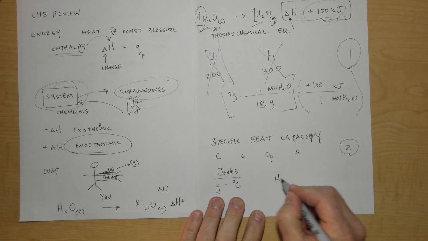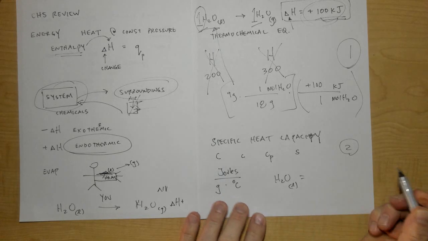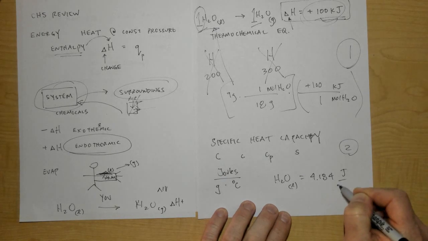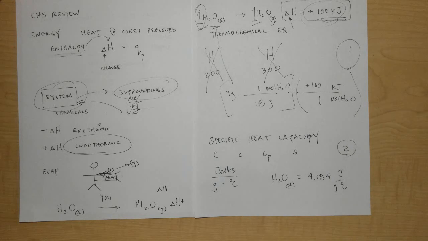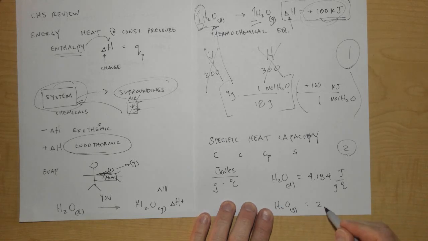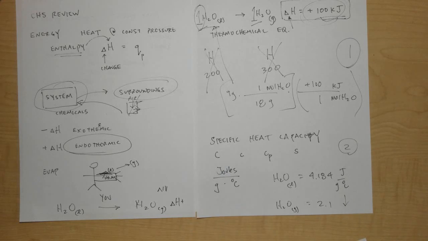For water, that's in its liquid phase, the specific heat capacity is 4.184 joules per gram degree Celsius. For a gaseous water, H2O in a gaseous phase, it's a different value. I think it's somewhere on the order of like 2.1 joules per gram degree Celsius. And so phases matter.